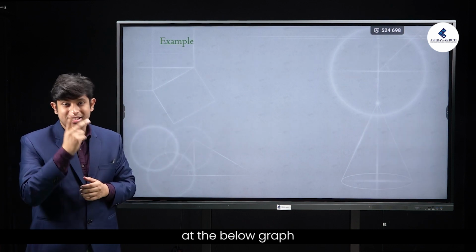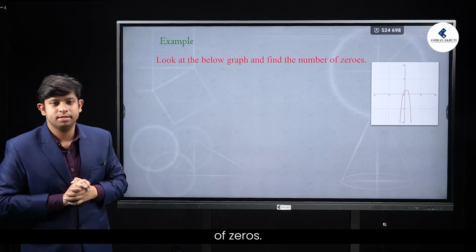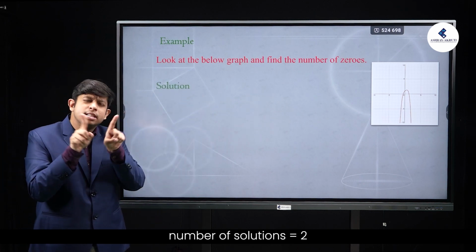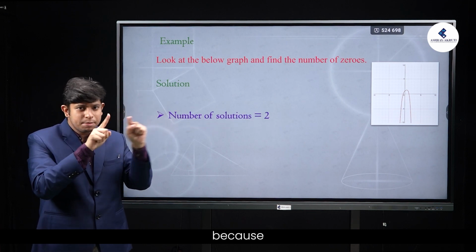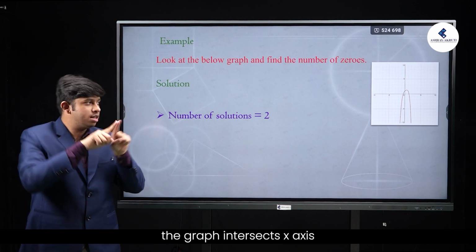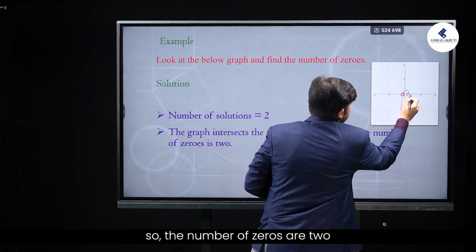Example: look at the below graph and find the number of zeros. Solution: number of zeros is equal to 2 because the graph intersects x-axis at 2 places.